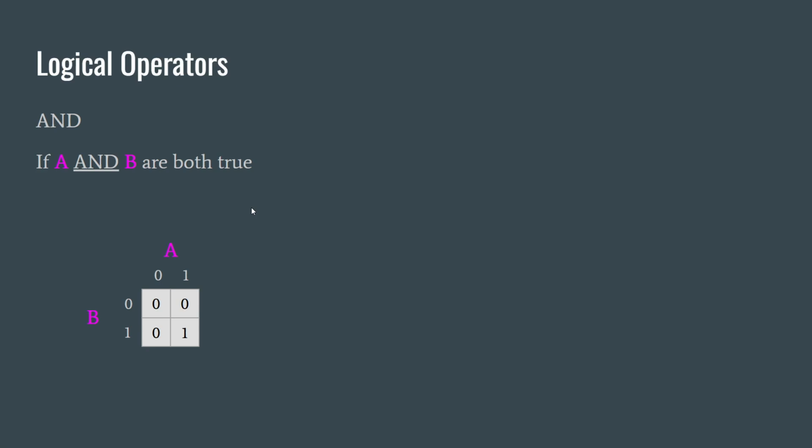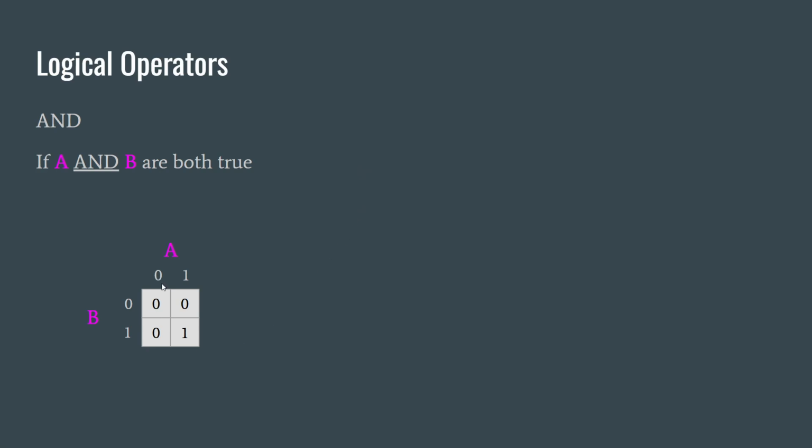Now what the AND instruction says is that if both A and B are true, or 1, then the result is 1. If both of them aren't 1, then the result is 0.